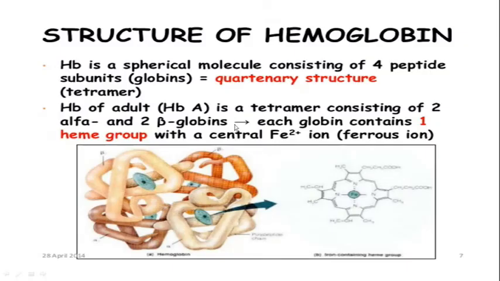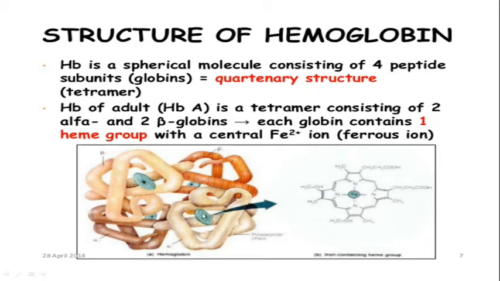This is the quaternary structure of hemoglobin of 4 peptide subunits with 2 alpha and 2 beta, and each globin contains one heme group, which is a central ferrous iron complexed to protoporphyrin, forming a heme prosthetic group.